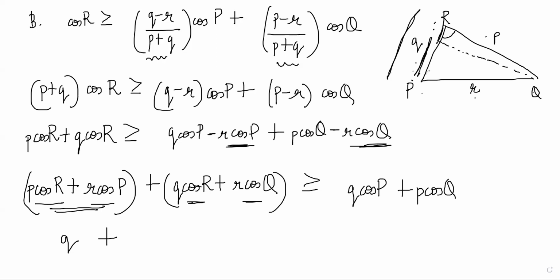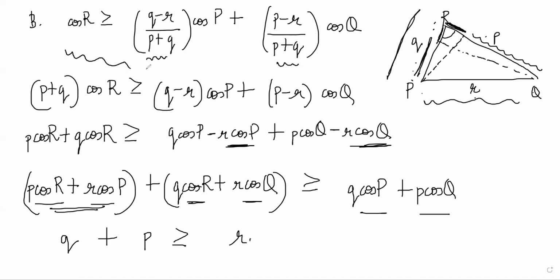And when you do Q cos R, you will get the projection here. This is the projection of Q cos R, right? And similarly, R cos Q projection is here, right? So the sum of these two is going to be the side small p, right? And similarly here, Q cos P plus P cos Q is going to be equal to small r, right? So the inequality in the problem is boiling down to Q plus P is greater than or equal to R.